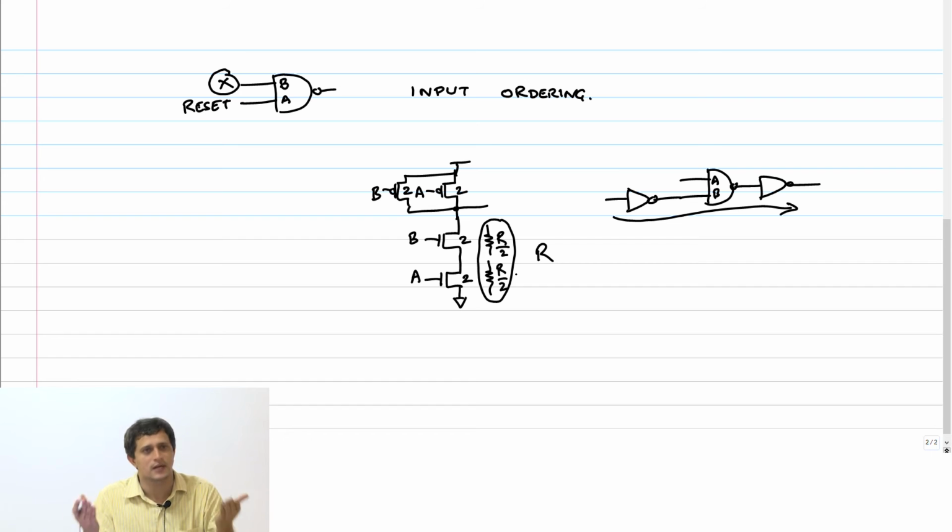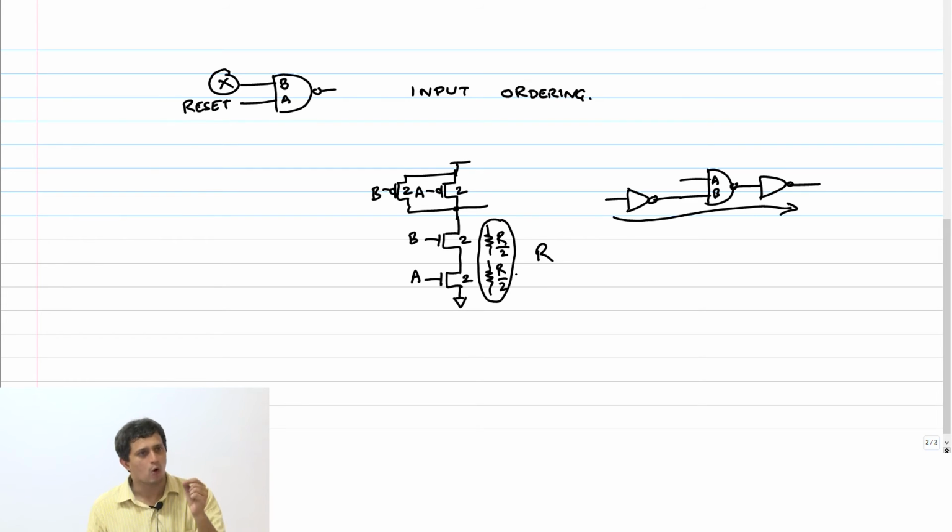And in most cases, that's how it is. A and B are equivalent. Of course, even there with input ordering, I could slightly give preference to one input over the other. But the logical effort of both inputs is still 4 by 3. Doesn't change.